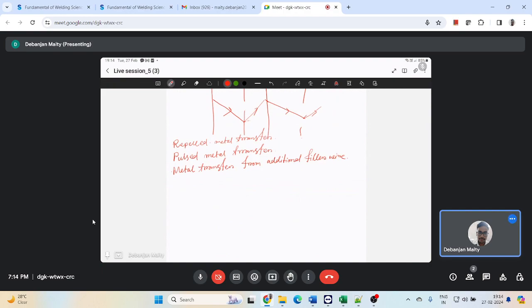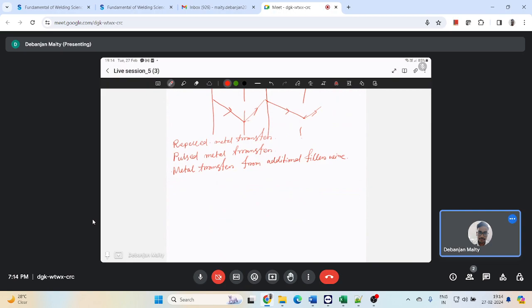Now, what is there in the repelled kind of thing? If the resulting force directs your drop metal away from the weld pool, then the repelled transfer occurs, right?